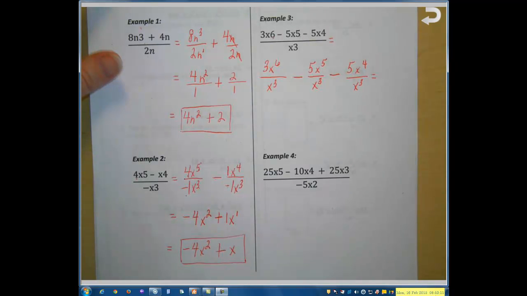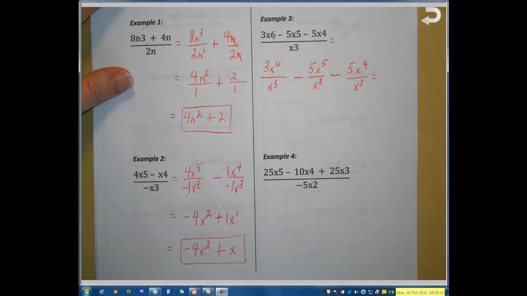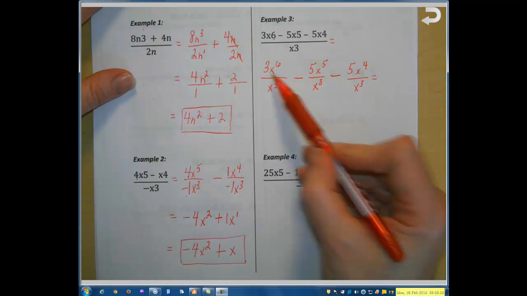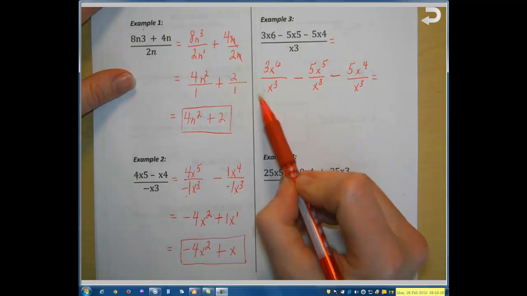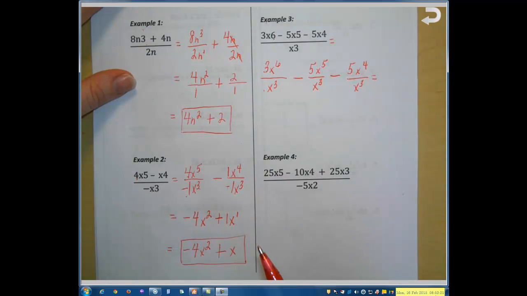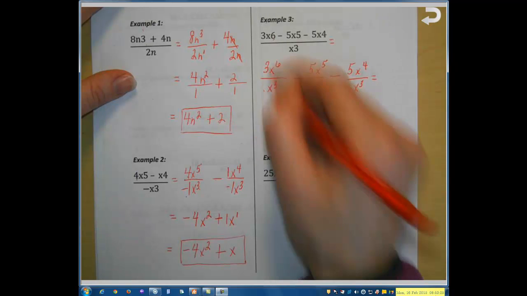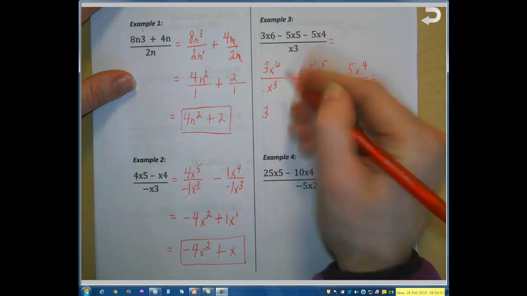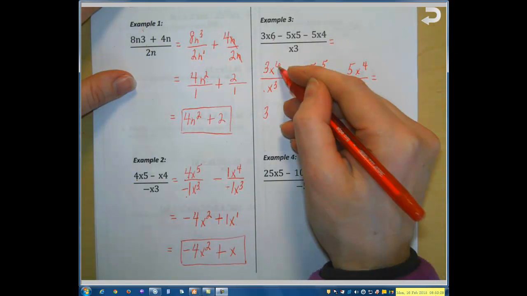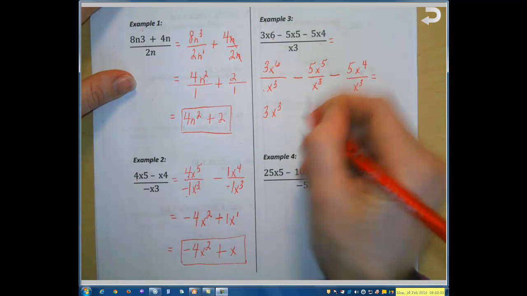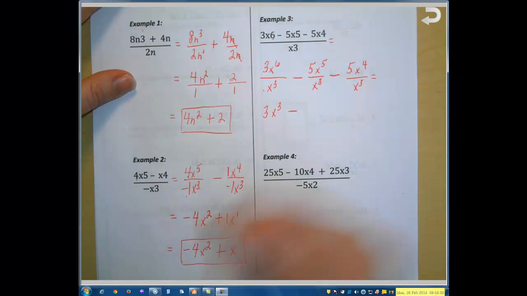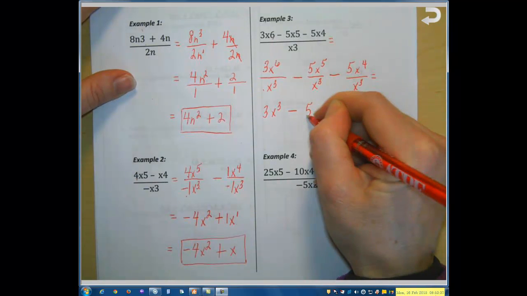Okay, so now I'm going to simplify each of my fractions. Notice that there is only a numerator but no denominator. So there's really nothing to simplify with the coefficients. So I'm just going to bring my 3 down. I'm going to subtract my exponents. 6 minus 3 is 3. I'm going to bring down my minus. Bring down the 5.